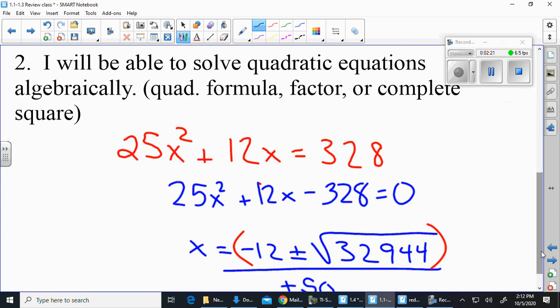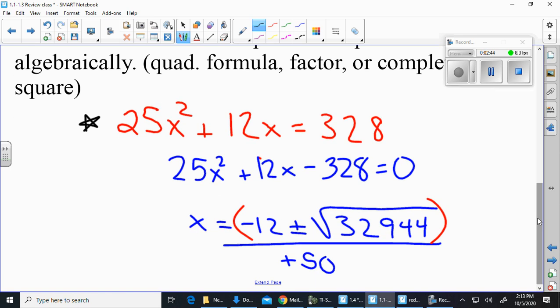Quadratic equations, algebraically: quadratic formula, factor, or complete the square. So I gave this question. Well, I notice it says algebraically, that's a quadratic. Those big numbers, I'm going to do the quadratic formula. So I bring everything over. I subtracted 328.